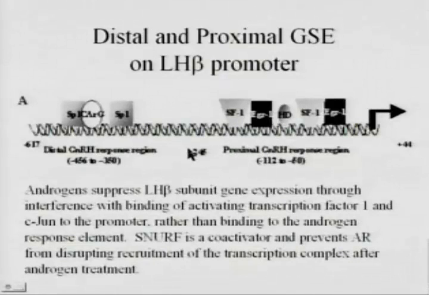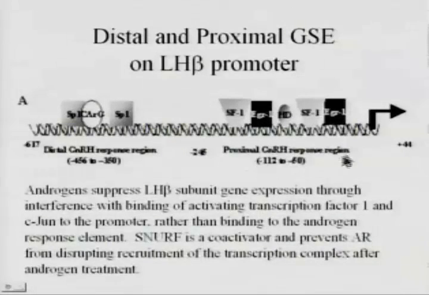Minus 246 is shown here, and then minus 350 to minus 456 is the distal GnRH response region, and we see they contain SP1 binding sites and SF1 binding sites, as well as the EGR1 shown here.